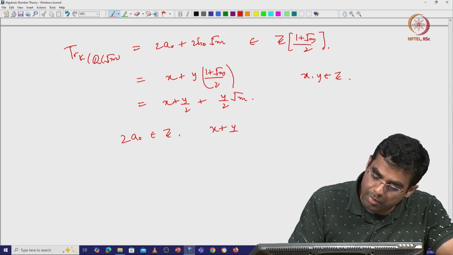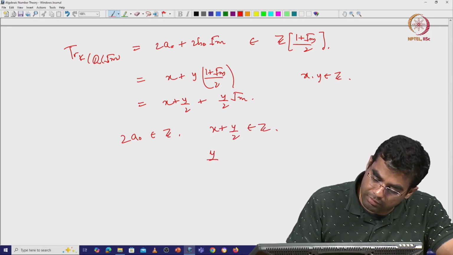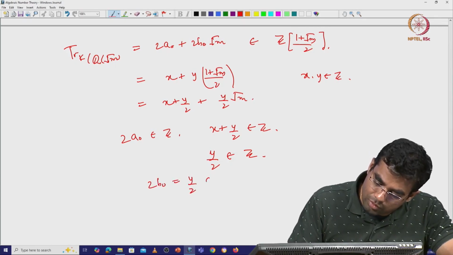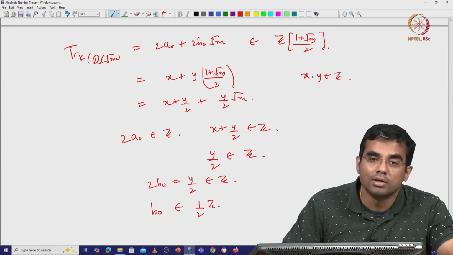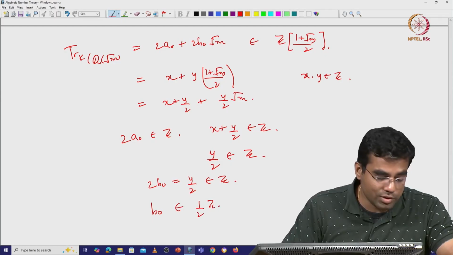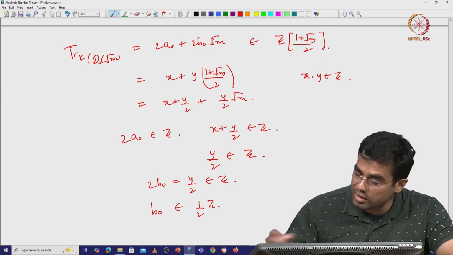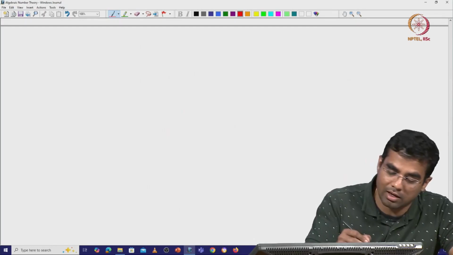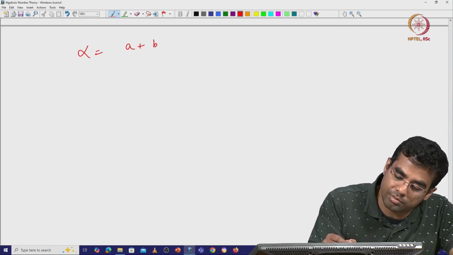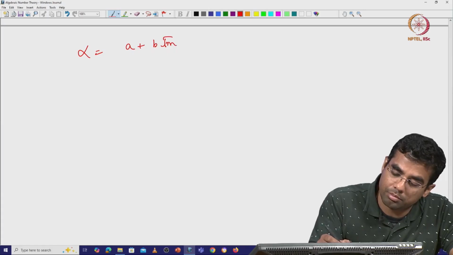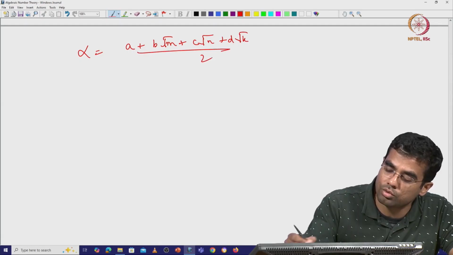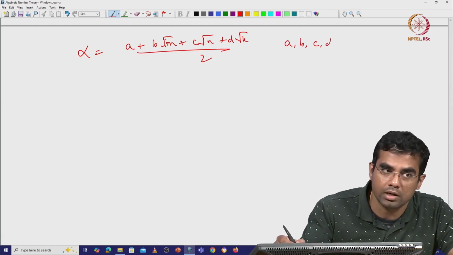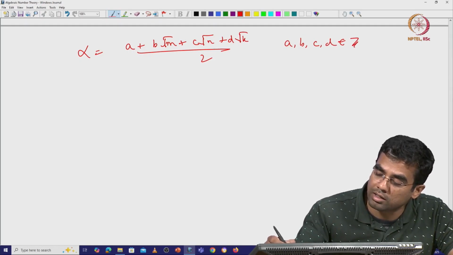So, x plus y by 2 is also an integer, which means that y by 2 is an integer, which means that 2b0, which is y by 2, is also an integer, right, which means that b0 is a half integer. So, the argument used in this case is slightly different, but nevertheless we still get that alpha is a plus b square root of m plus c square root of n plus d square root of k by 2, where a, b, c and d, these are integers.